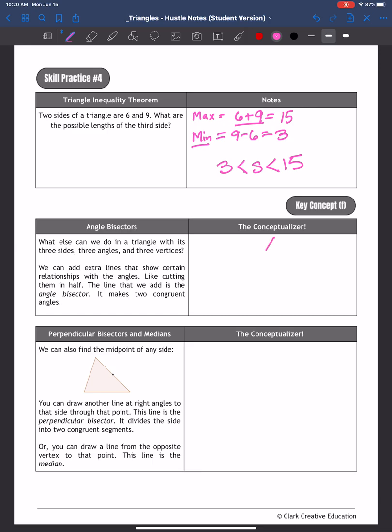So if I had an angle and I draw an angle bisector, it goes straight through the center. That means angle ABC is congruent to angle CBD.